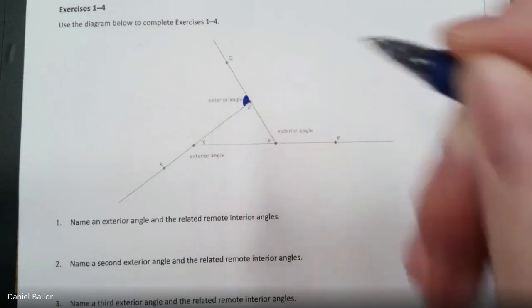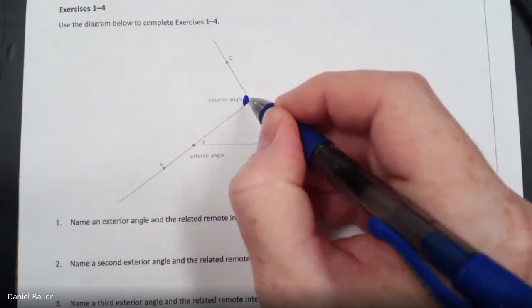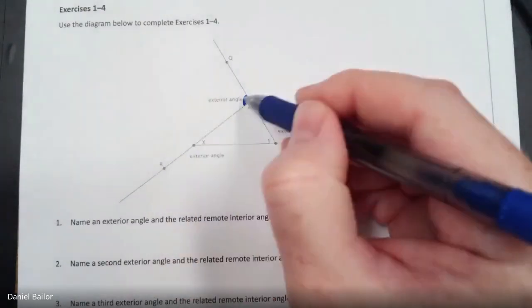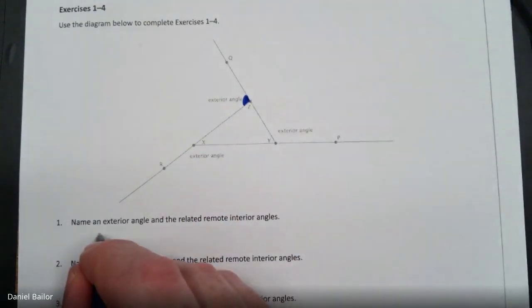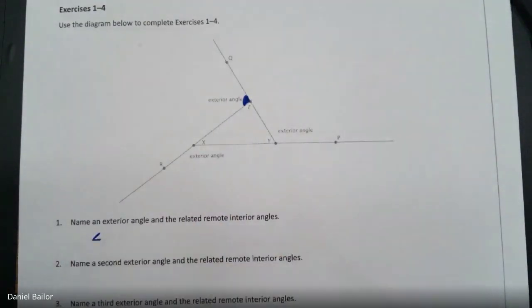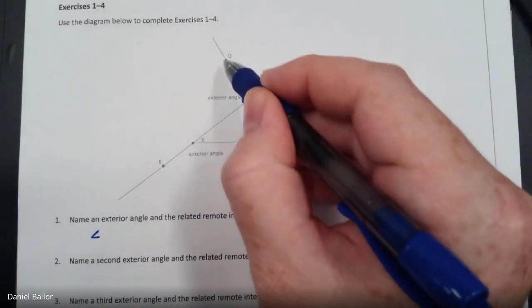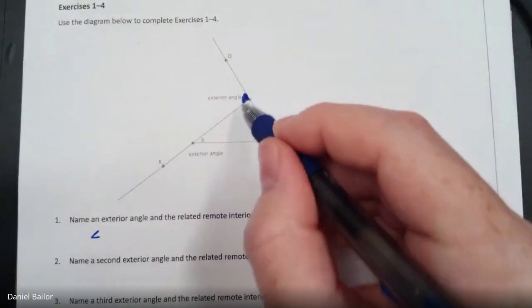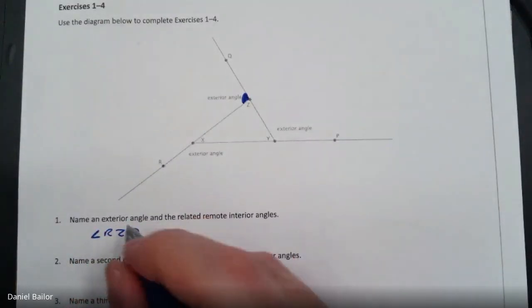And let's name that blue angle. Remember, we name it by following the points. So the exterior angle is going to be angle RZQ. RZQ makes this blue angle, so angle RZQ is our exterior angle.